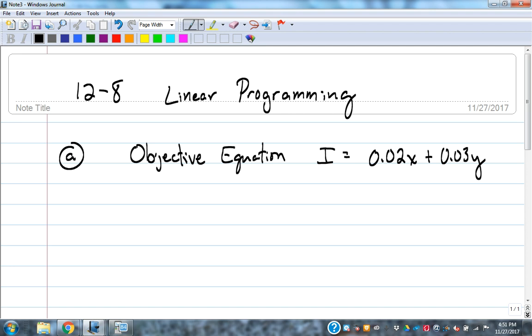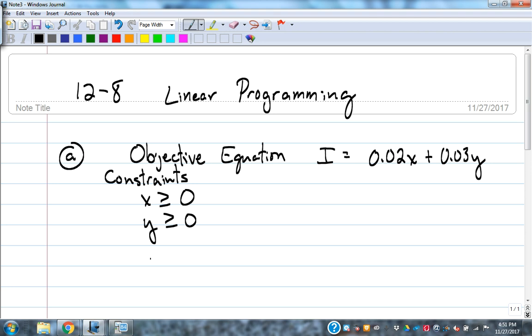And then there's some restrictions that happen. And these restrictions, or constraints as they're called, that's what the math term is, constraints. In general, x is greater than or equal to 0 and y is greater than or equal to 0 are standard in the thing.